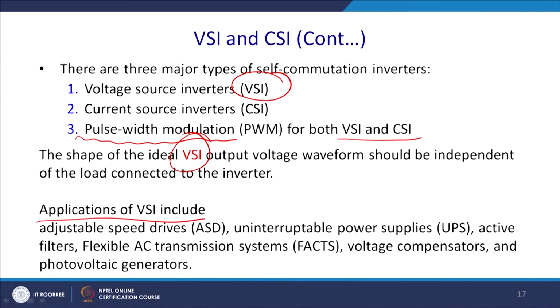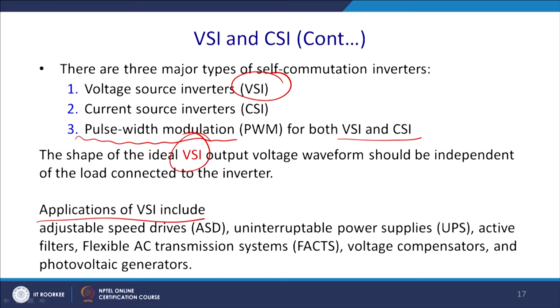Applications of the VSI include adjustable speed drives. Why adjustable speed drive? Most of these motors nowadays are induction motors, and thus they run close to their synchronous speed, either near 1000 rpm if it is a 6 pole machine, or 1500 rpm if it is a 4 pole machine.